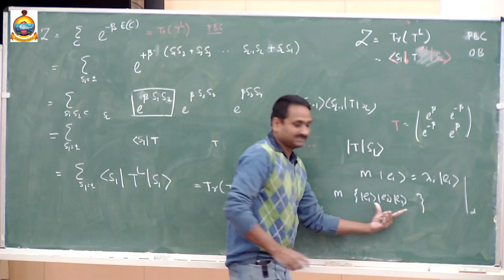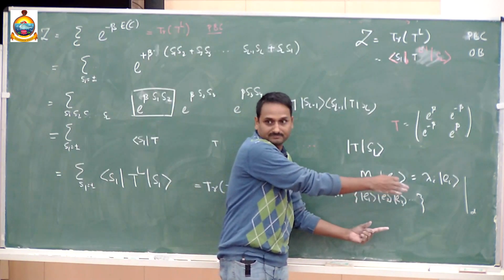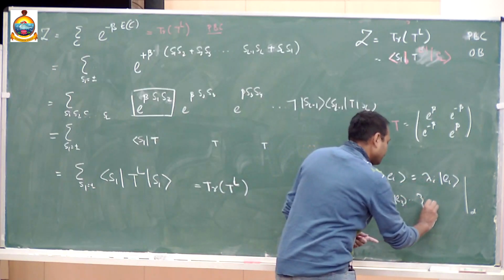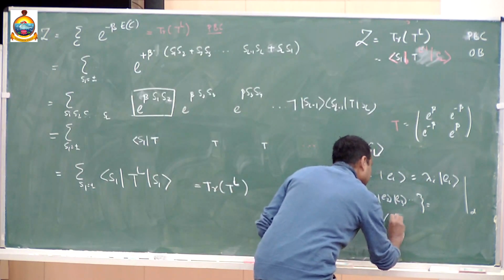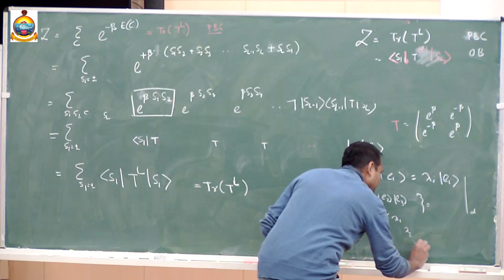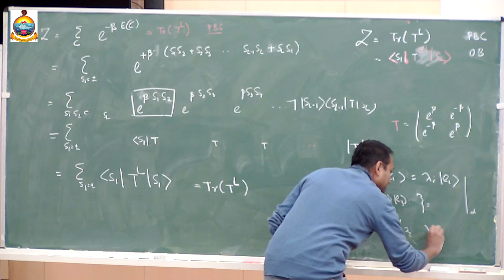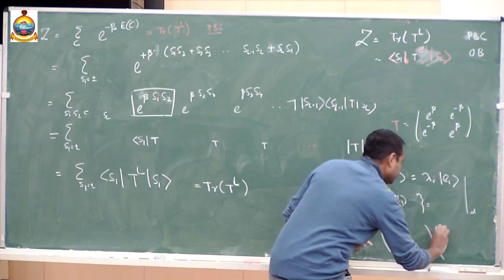If you write like that, this becomes a matrix because each of them is a column. So now this will be lambda 1, lambda 2, lambda d, times the same matrix here.